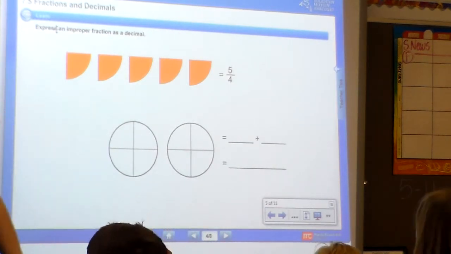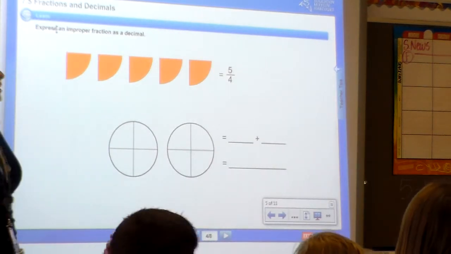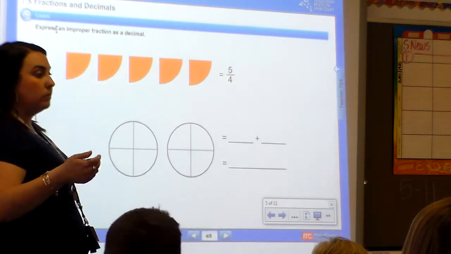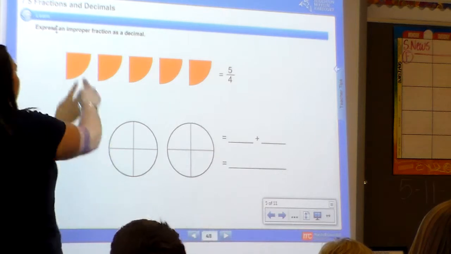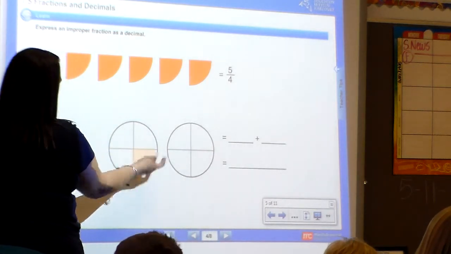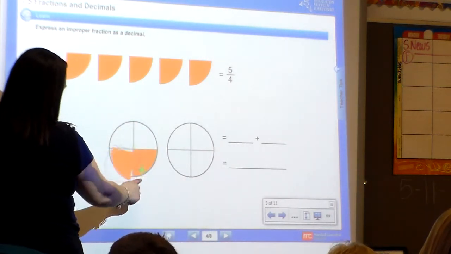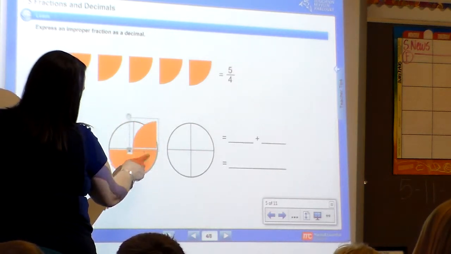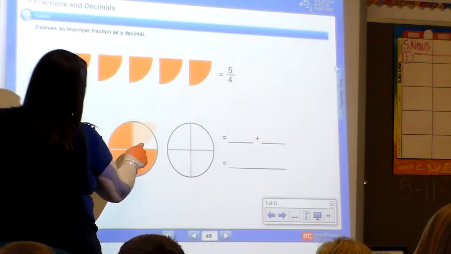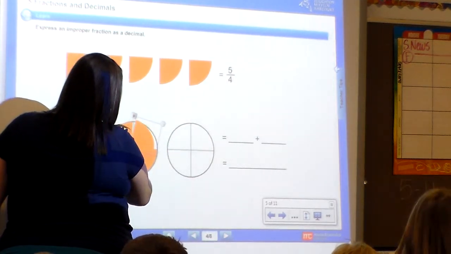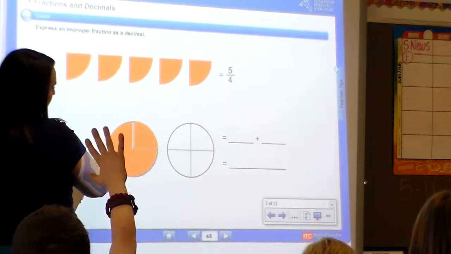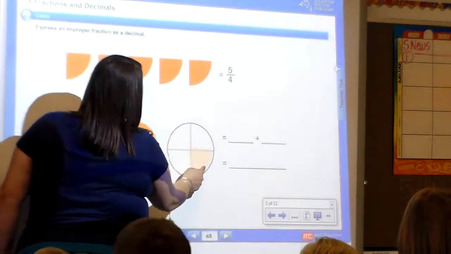You said it, it's right there, Lydia. They're cut into fourths. Okay? And I have how many? Everyone? 5. So I'm going to fill in this lovely model that it gave me. I'm going to fill in all 5 of these fourths. How many did I just use? 4. So I still have 1 more.